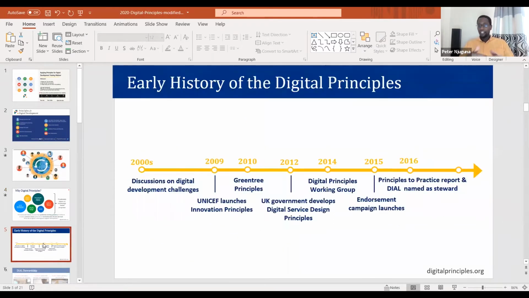And this was a journey that started around early 2000 to 2016, when the principles were packaged and agreed on by a majority of development organizations who came together to develop those principles.